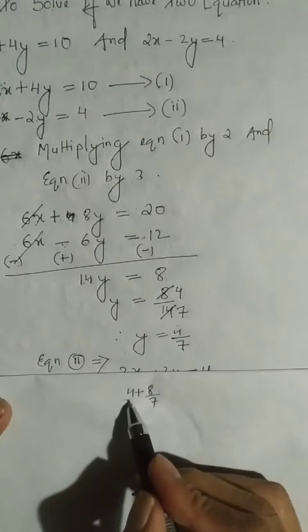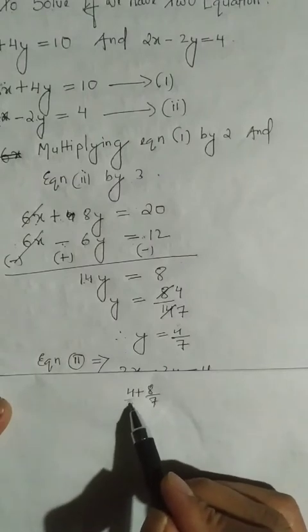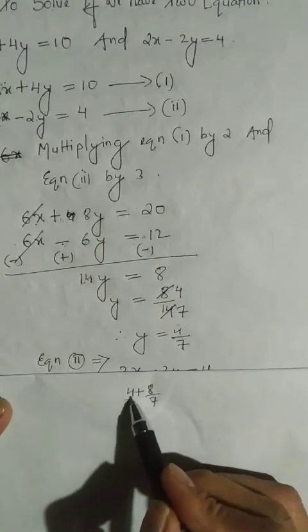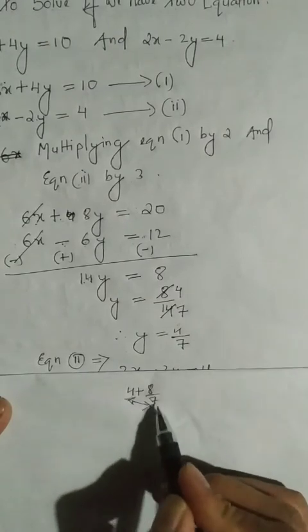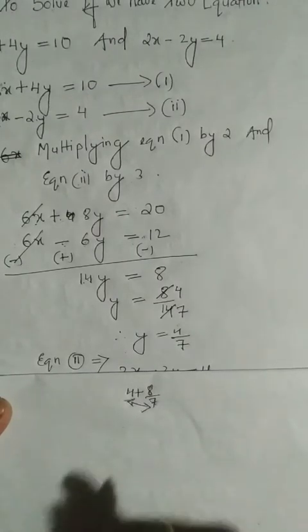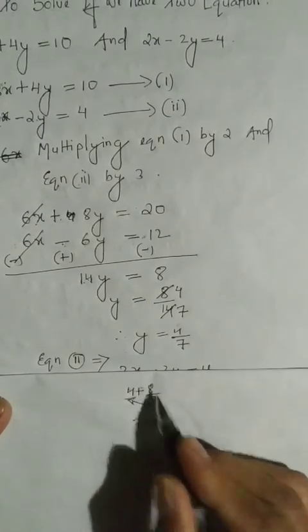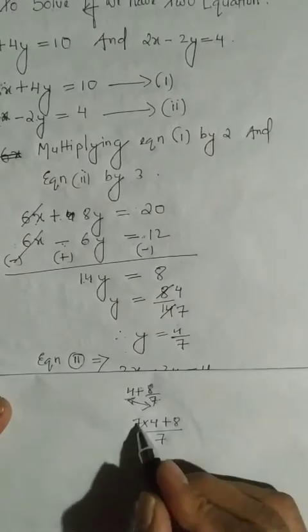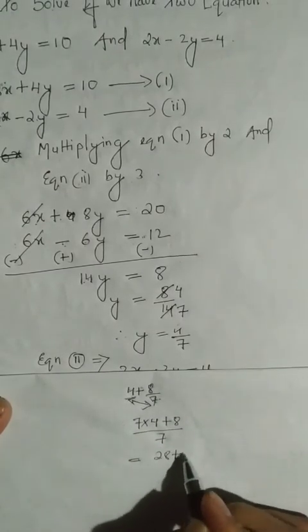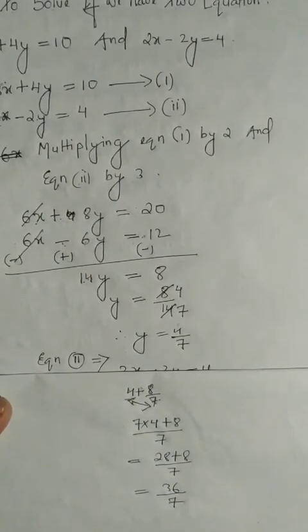Since there is no denominator, you just multiply 4 and 7 directly. So I'm going to multiply 4 into 7, plus 8. Since 7 is downside, just put 7. So 7 times 4 is 28 plus 8 by 7. It will be 36 by 7.